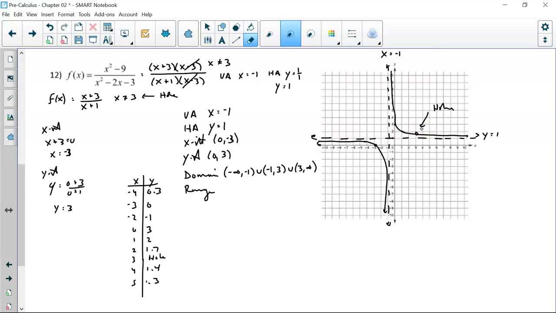So that hole is probably about, y is about 1.5. So we'd go from -∞ to 1, the union of 1 to where the hole is at about y is 1.5 approximately, and then union of 1.5 to infinity. That range is a little bit trickier there because of the hole in the graph.